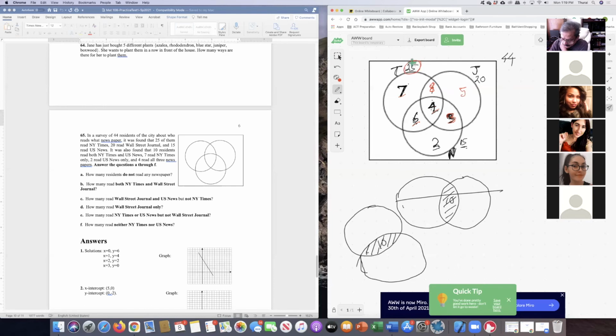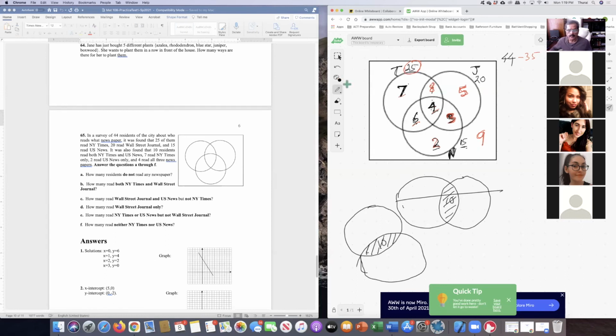So 25 plus 5, plus 3, plus 2, that'll be 30, 35. So all the sections in the 3 circles add up to 35. So take away 35 from 44, that's 9. So 9 elements outside.